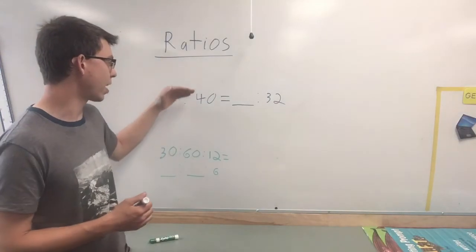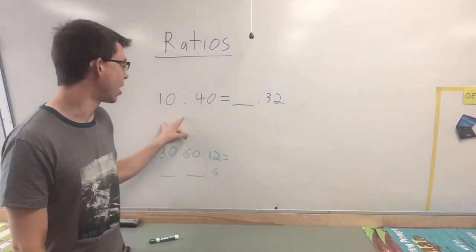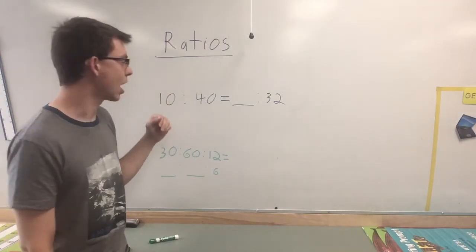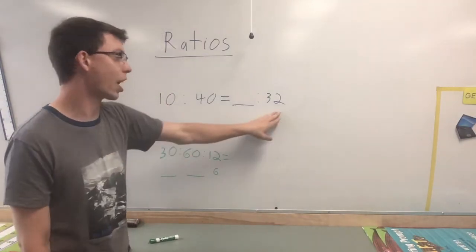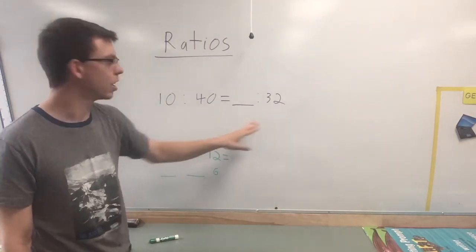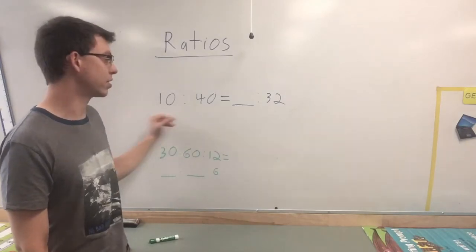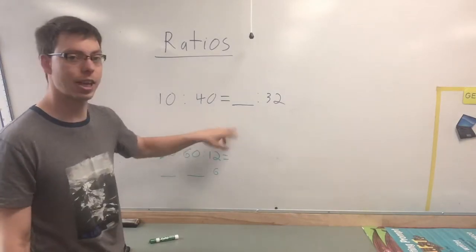I'm going to break this down to the smallest parts it can, so simplifying it, and then build it up so that this ratio is equal to 32. In doing that process, I will find out what I have to do to 10 to get here.